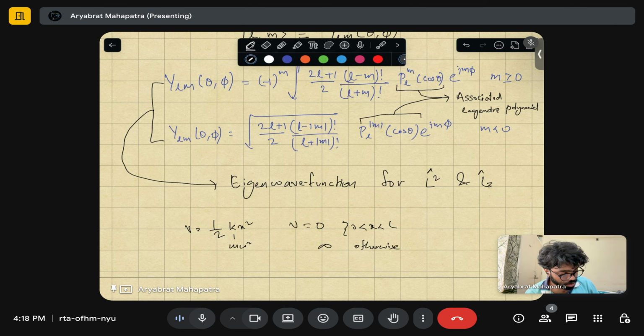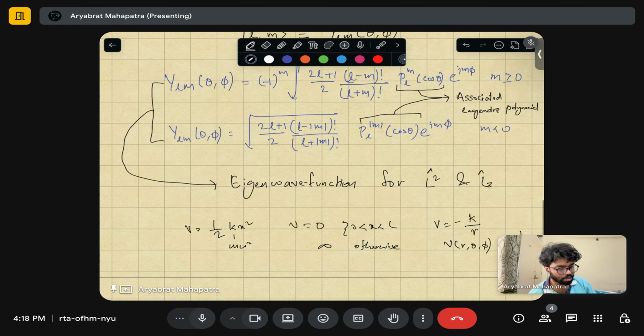You also have some other potentials. Suppose you have a hydrogen atom system, where the potential is minus k over r. If you write this in spherical polar coordinates, V of r, theta, phi is just minus k over r. That means your potential is independent of theta and phi, so it is spherically symmetric.